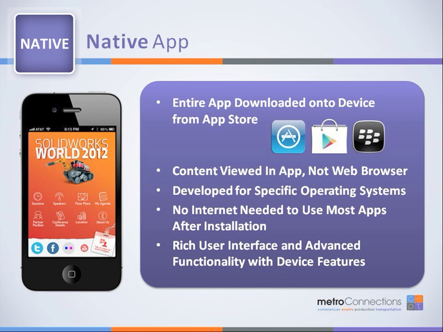Okay. So we're going to jump over now to the next one, and that is the native app. A lot of you have your smartphones and have downloaded apps from the stores. So the entire app gets downloaded to the device from whatever app store you use, whether it be Apple's App Store, the Google Play, or the BlackBerry Store.